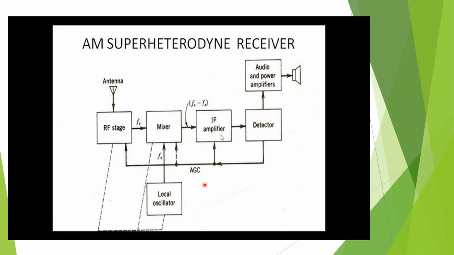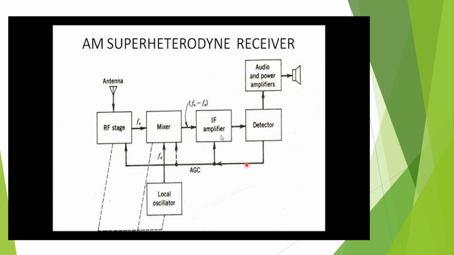AGC is automatic gain control. It is a part of the output taken from the detector. The detector has an output, and only a little part of it is taken by the AGC, that is automatic gain control.